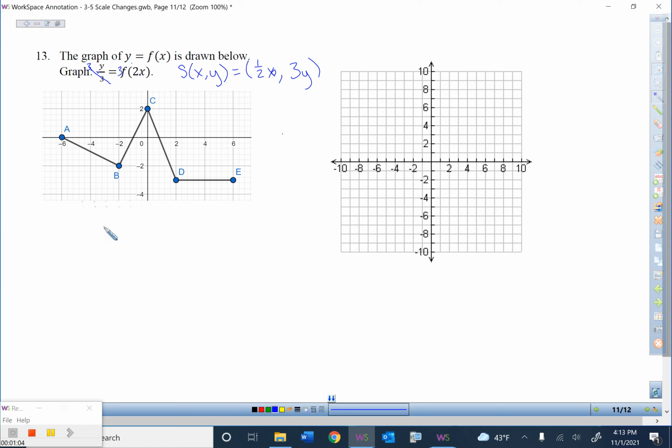We're going to make a table, and instead of having an x value, we're making a table of points where the first column are the original points, x comma y, and the second are the points using the rule, kind of like that activity we started with. So 1/2 x goes first, and then 3y goes second. The first column comes directly from the graph. Okay, so pause the video and just write down those ordered pairs for me.